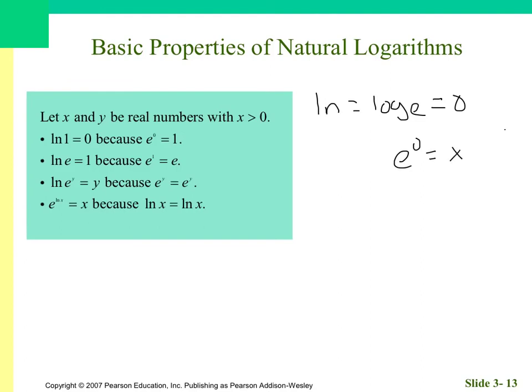What does it equal? Well, what's anything to the 0? 1. Same thing here: natural log of e is 1. Natural log of e to the y is y. And e to the natural log of x is x.